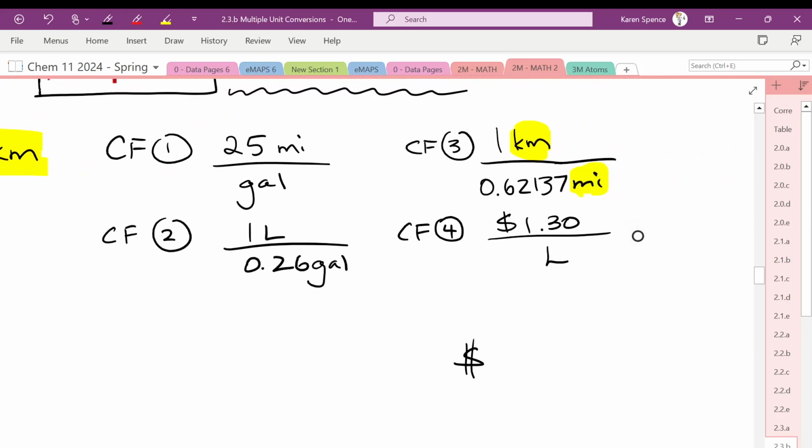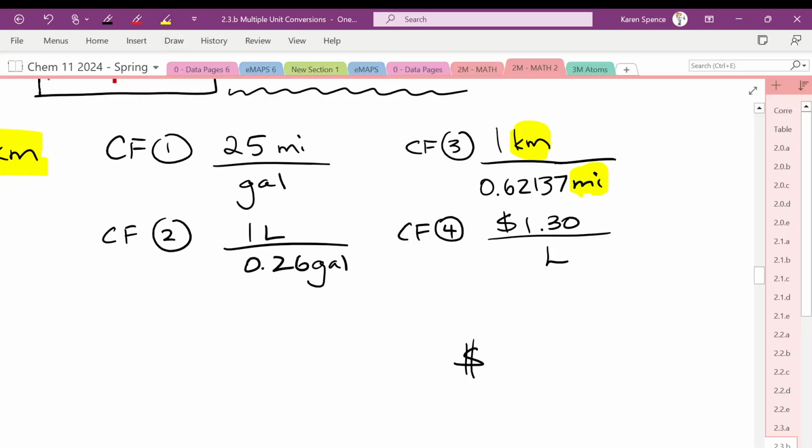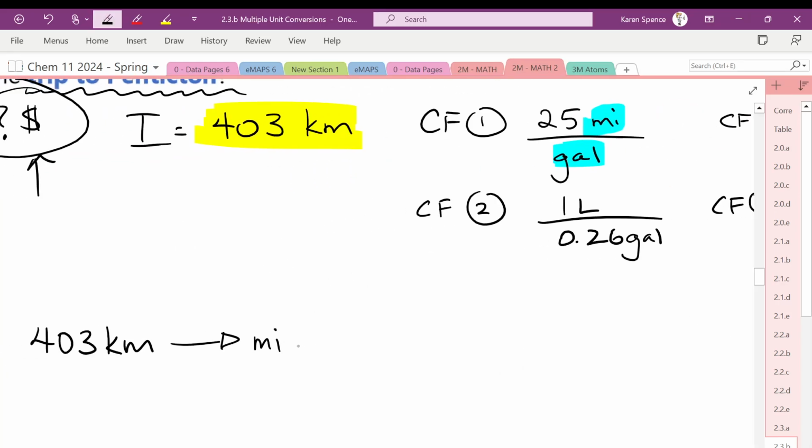Now, I have miles there, but I'm not going to use the same conversion factor. Otherwise, I'd just be going backwards. Where else do I see miles? 25 miles per gallon, so I can convert miles into gallons.